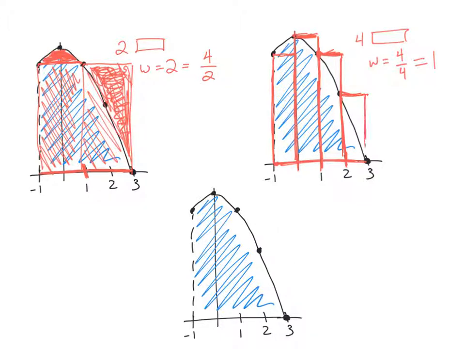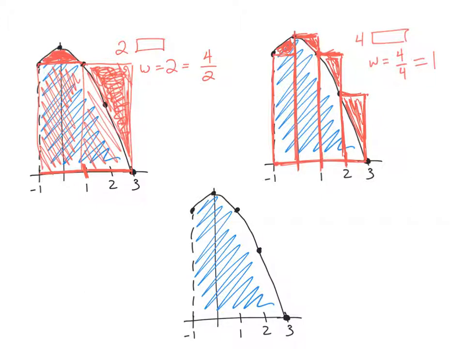Come out here, and there you go. So this is starting to look a little more accurate, it looks like. We're overestimating in these areas here, and we are underestimating the area over here. But it looks like we still have a large amount of overestimation compared to the underestimation.